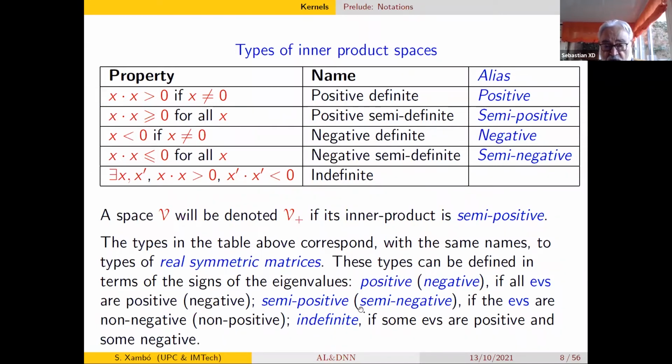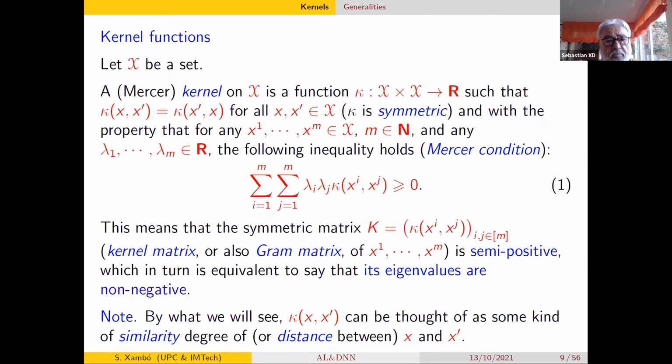Finally, it is semi-positive or semi-negative if they are bigger or equal than 0 or less than or equal than 0, and indefinite if there are eigenvalues of both signs. So let's go into the kernel functions. Here starts a little bit the main thrust of the talk today. So let X be a set.